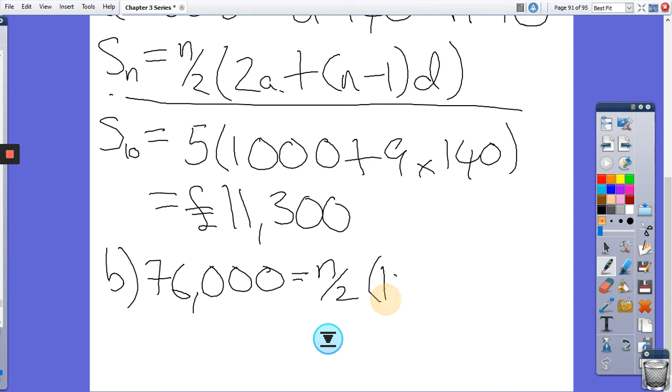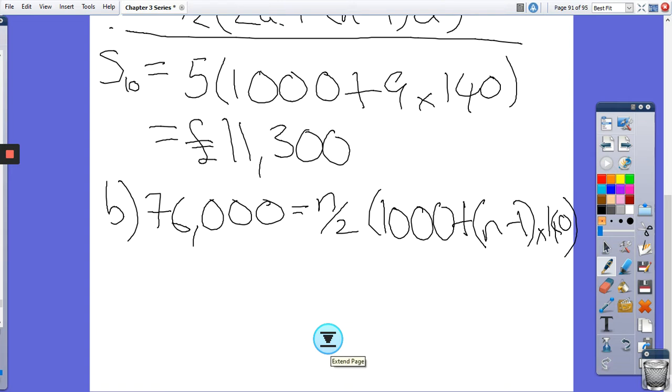So 2a is still 1,000. That's not changed. And the d hasn't changed. It's still going to cost us 140 quid more each time we go 50 meters further. We have to be very careful about that. It's not going to cost us 140 quid to go down 50 meters each time. It's costing us £140 more.